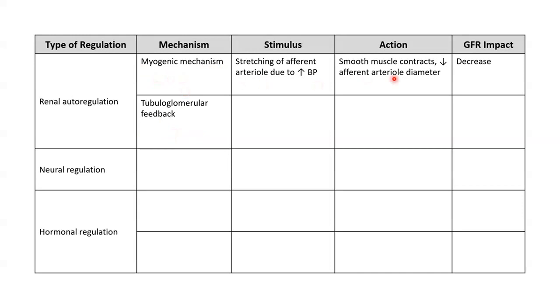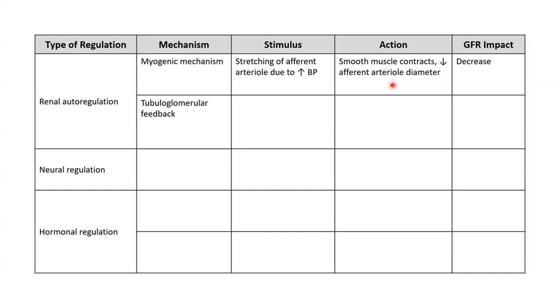So starting with our myogenic mechanism, the stimulus for our myogenic mechanism is stretching of the walls of the afferent arterioles due to an increase in systemic blood pressure. So we have an increase in blood pressure, more blood's trying to come into the glomerulus, it's stretching the walls of our afferent arteriole. In response, the smooth muscle in the walls of our afferent arteriole will constrict.